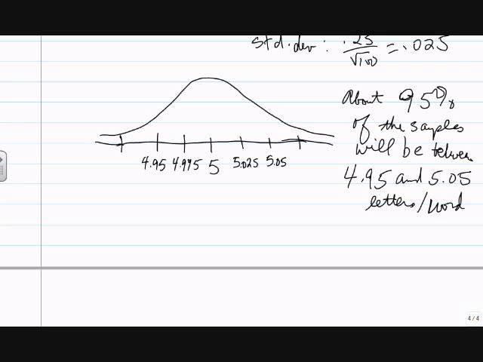Okay. So let's go out and get a sample. And let's say that your sample has a mean of 5.01. I'm going to mark that on my drawing, in a different color here.